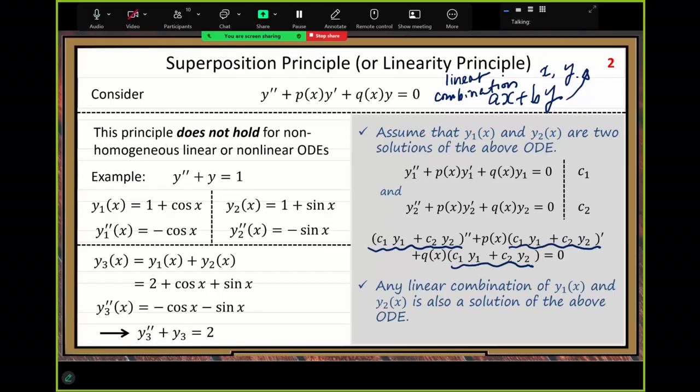So it does not satisfy the original equation. Close, but we cannot call it a new solution. y3 is not a solution. Then this linearity property fails. So that's the reason for non-homogeneous equations, never apply that linearity principle. That's the main point here.